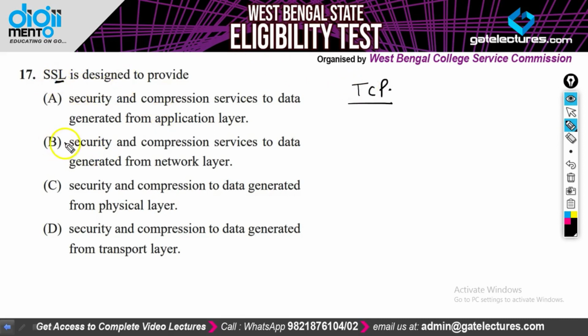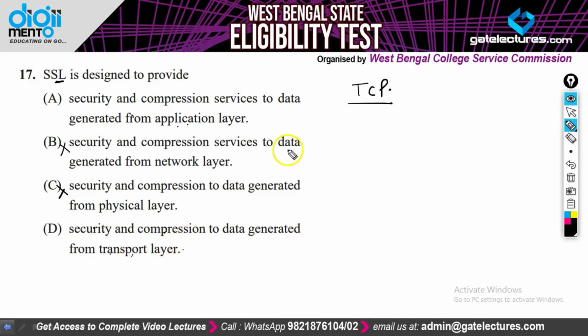And so these B and C options are clearly wrong here, not from the network layer or the physical layer. Now there is confusion between the application layer and the transport layer. Now we have to read the options very carefully. Okay, security and compression services to the data generated from application layer, or security and compression to data generated from the transport layer.